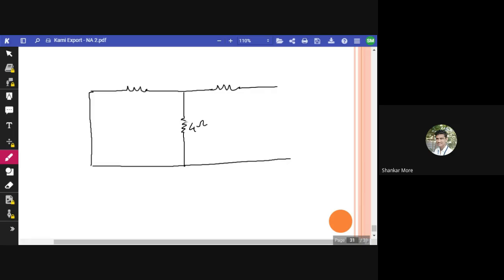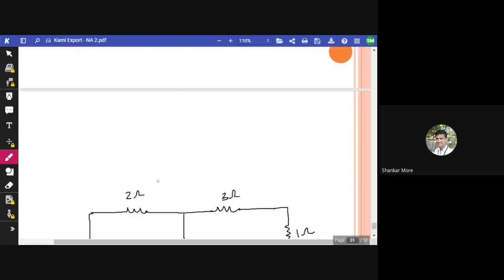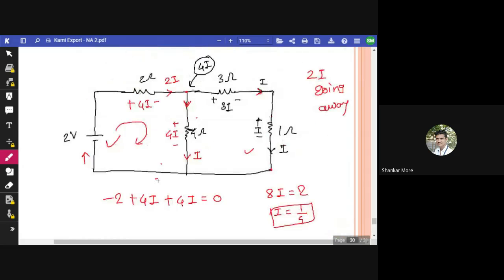This is 4 ohm, this was 2 ohm, this was 3 ohm, and we had one ohm resistance also here, right? Now 2 volt is here, 1 ohm is here, and now I is flowing through this branch.